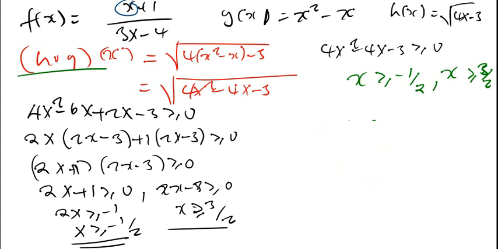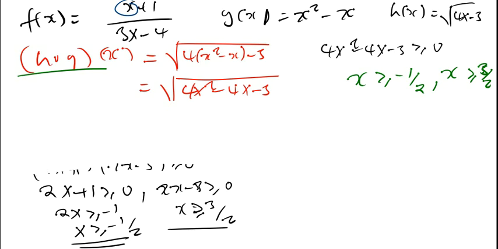Another person was asking, what are we doing? We are finding the domain of this. Okay, sir. As long as you come up with this and you find that you have more than one answer, it will always take you back to inequality.